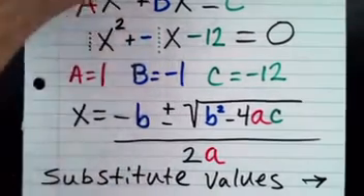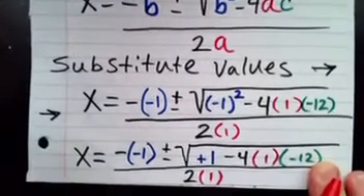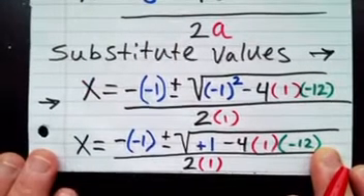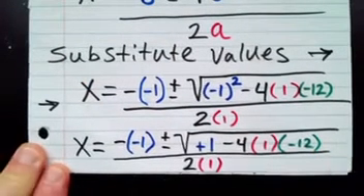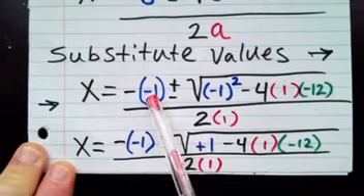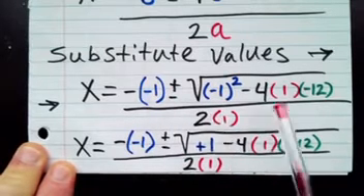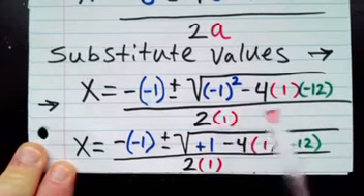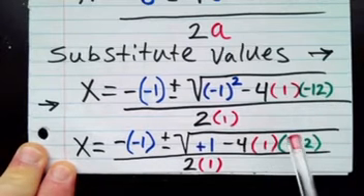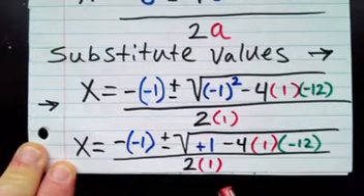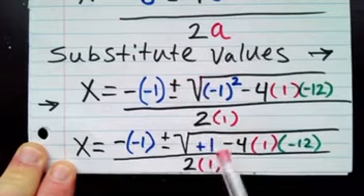So let's just do that now. Let's substitute these values, and this is what it should look like. We substituted our b value, negative 1, our a value, that's the 1, and our c value of negative 12. Okay, so it is plus or minus.